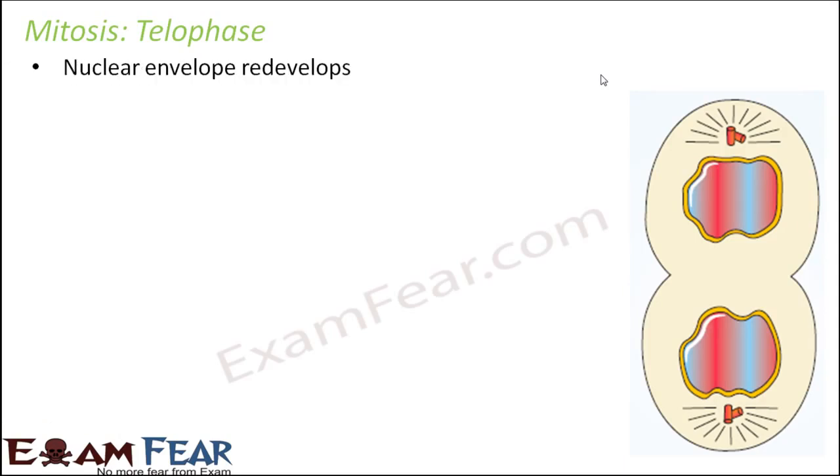So what happens in telophase? Nuclear envelope redevelops. So here if you see, nuclear envelope redevelops around the genetic material. Genetic material was nothing but the sister chromatids or the daughter chromosomes. Now please remember that after anaphase, the sister chromatids, once they get pulled to opposite poles, are known as daughter chromosomes.